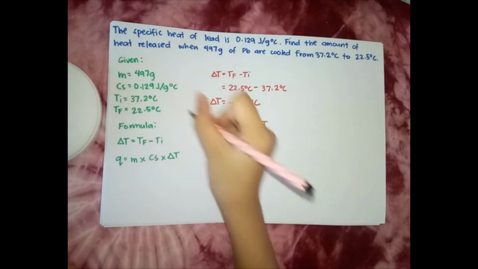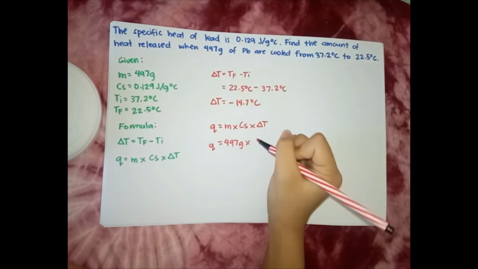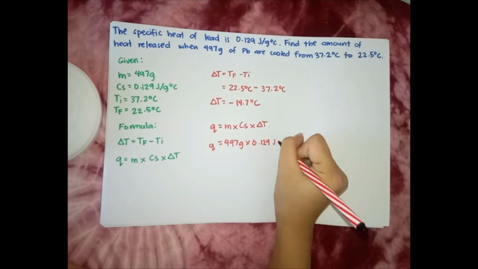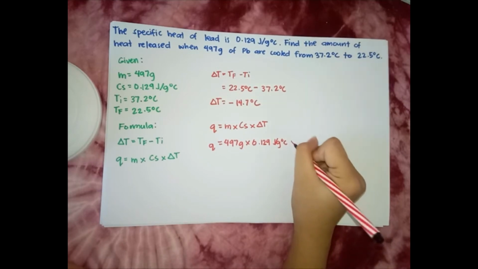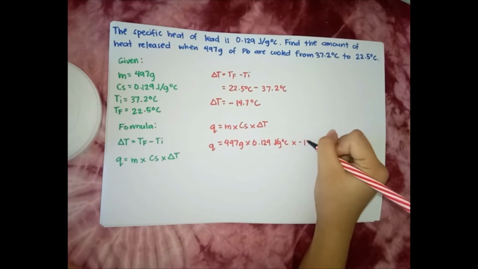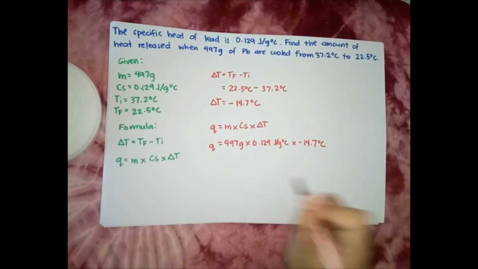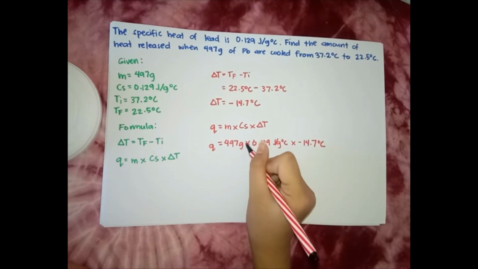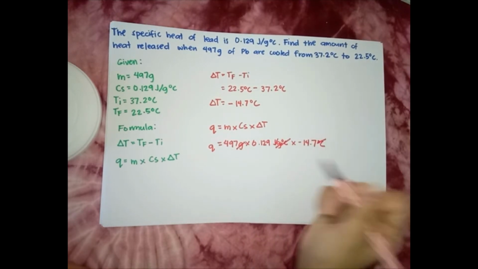We're going to input the given, which is 497 grams times 0.129 joules per gram per Celsius, and delta T, which is negative 14.7 degrees Celsius that we solved earlier. So what we're going to do now is cancel the same units, degrees Celsius and the grams.